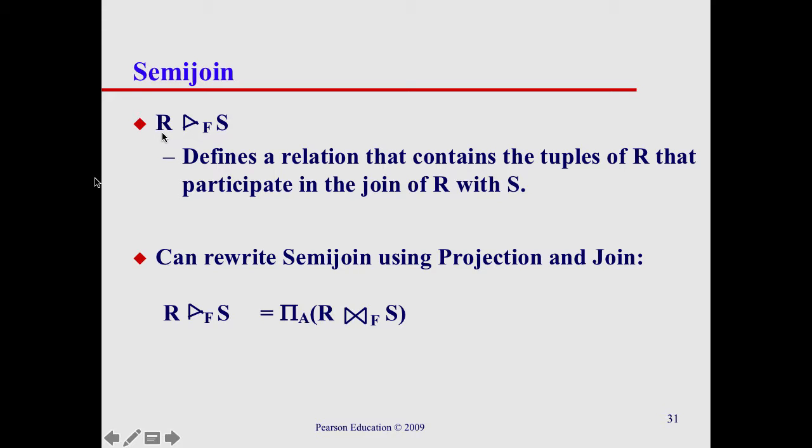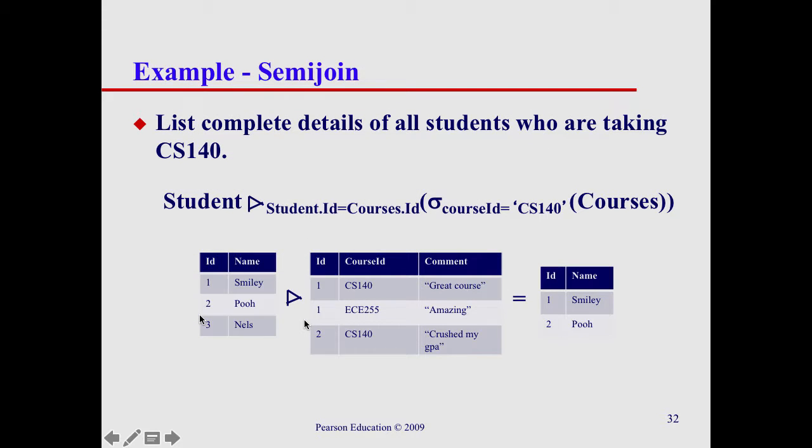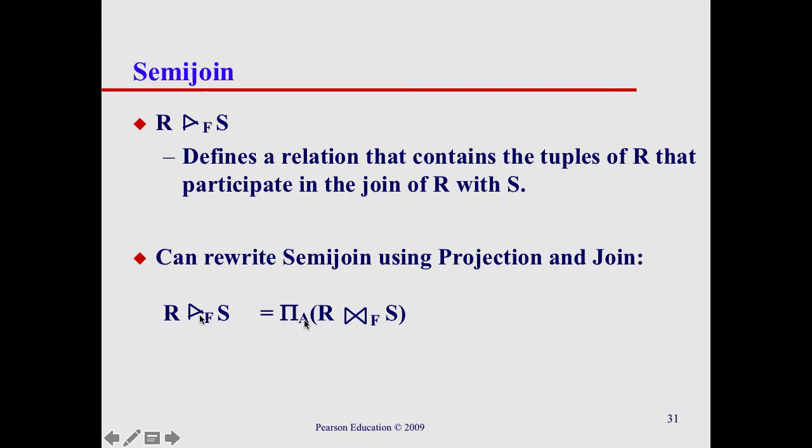So we're taking, in the result, any tuple from R that matches a tuple in S. So you can write it this way as an equijoin, or in this case a theta join between R and S, but then the projection is over the attributes in R. So when you see projection over A, that means a projection over the attributes in R. Okay, so that's a semi-join.